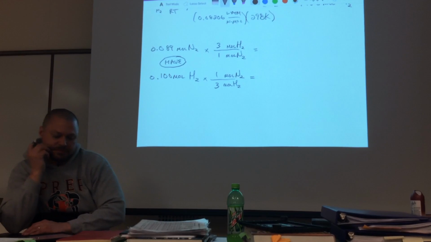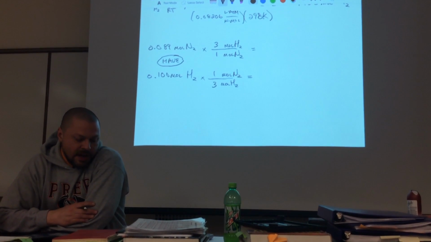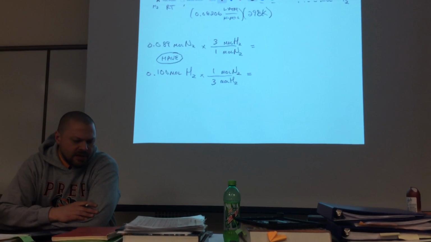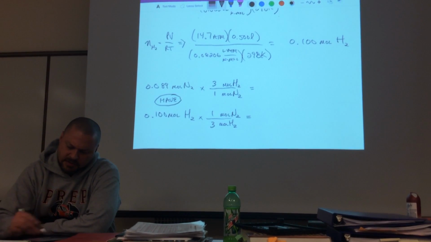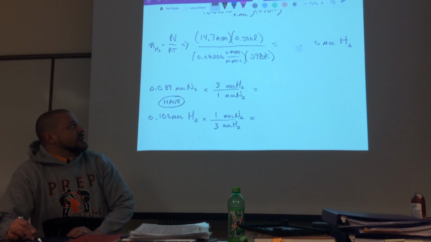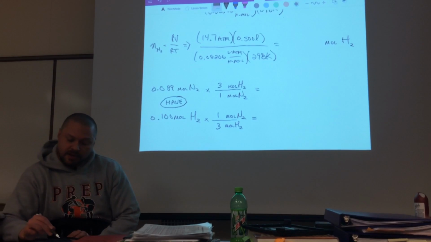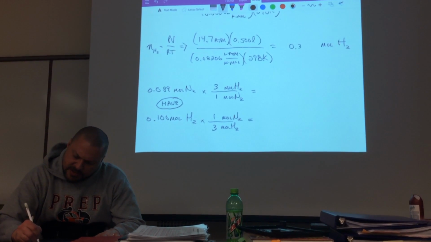Did you get those numbers? Yeah, from the coefficients. Oh, you know what? I made a mistake here too. Can I show you something? I copied this number wrong. I just looked at the wrong spot. Everything else is right. It's just the number I put in there was wrong. That should be 0.301.